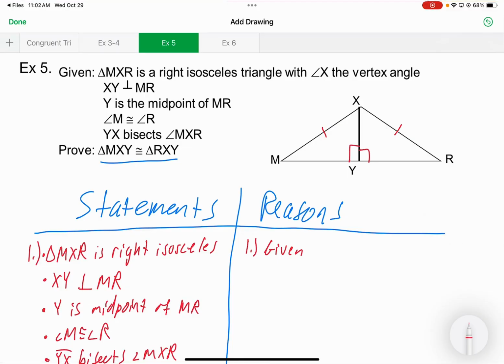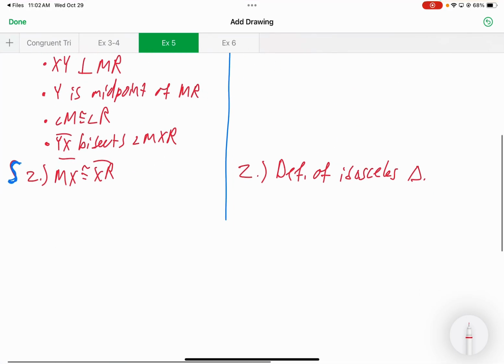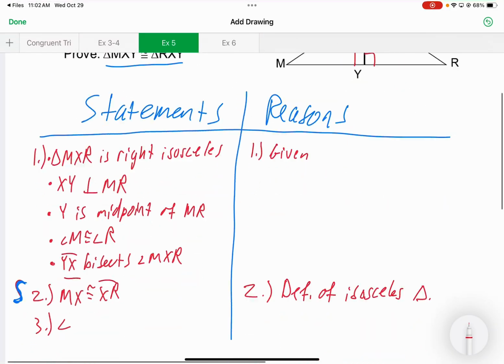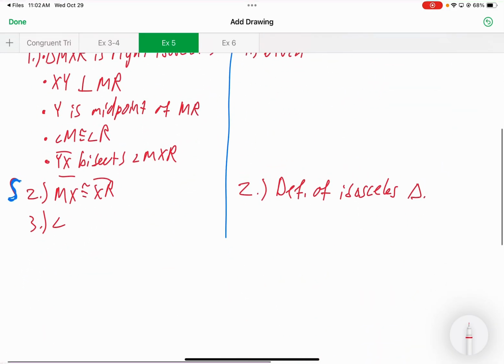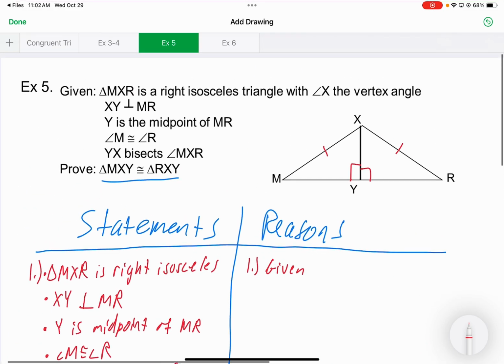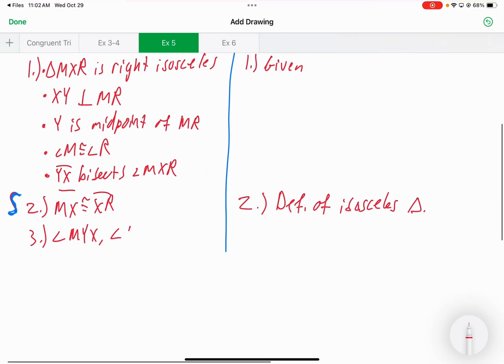So these guys are going to be right angles. So I'm going to go ahead and state that. That's my next reason. Angle MYX, comma, angle RYX are right angles.